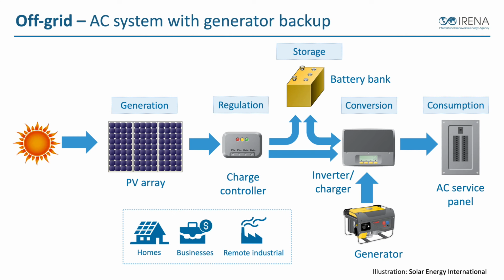So in a normal operation here, sun shines on the PV array, we make DC electricity, we send that out of the charge controller to the battery bank or the inverter, and the inverter sends it to the AC loads. So we're generating, regulating, storing, converting, and then consuming energy.